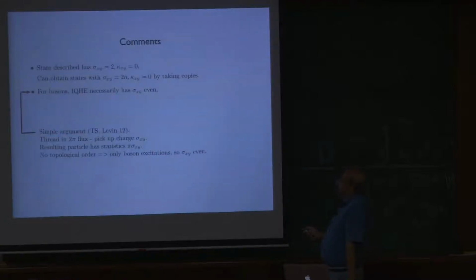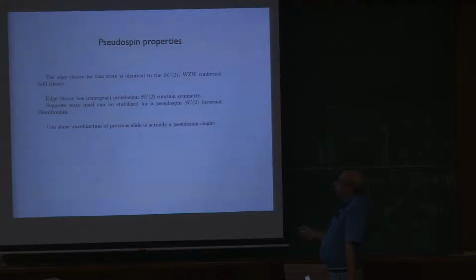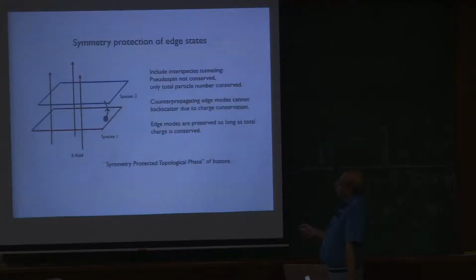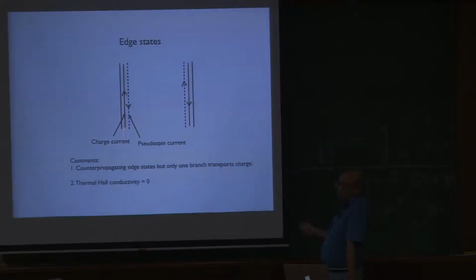Right, but I just argued for you what these numbers were, right? I told you sigma xy is 2. That argument doesn't rely on the wave function. It relies, if you wish, just on this picture. So long as you accept this description of the edge state, these numbers are fixed. Sigma xy is non-zero, kappa xy is 0.